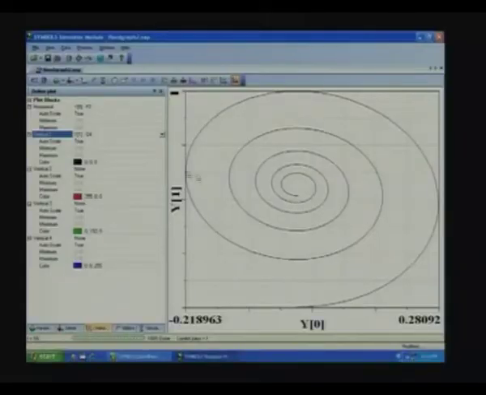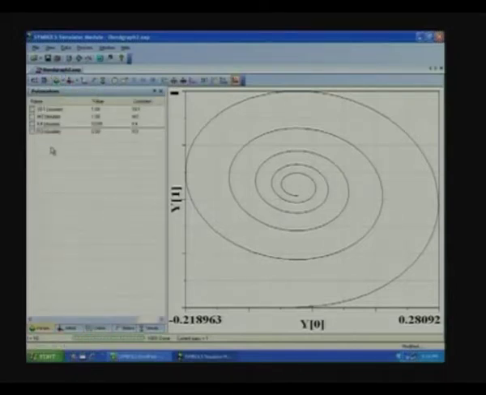Let's check. So, we will set the parameters again. M2 was 1, which is L is 1. K4 would be 0.25, yes. And R would be 1.